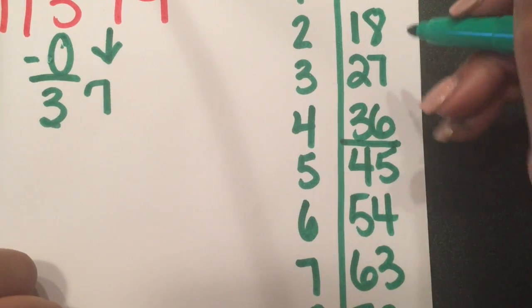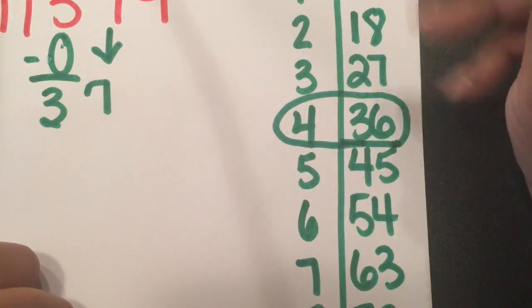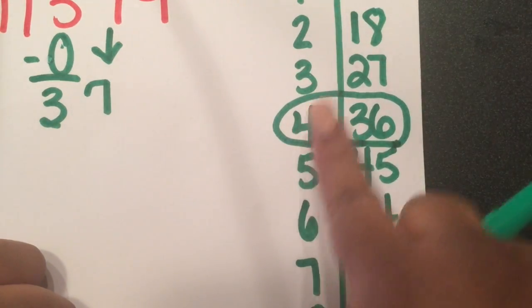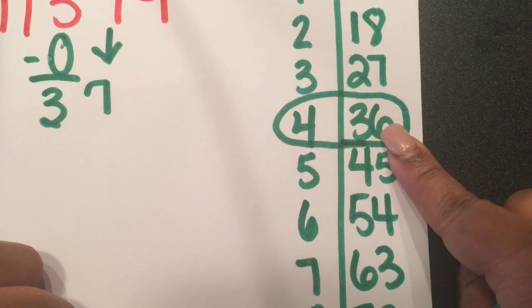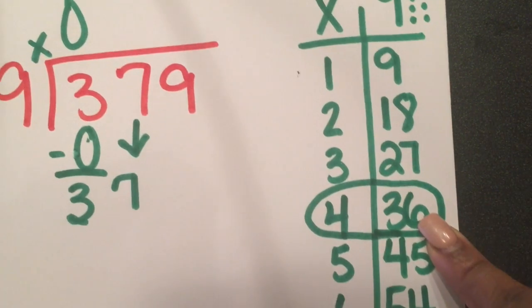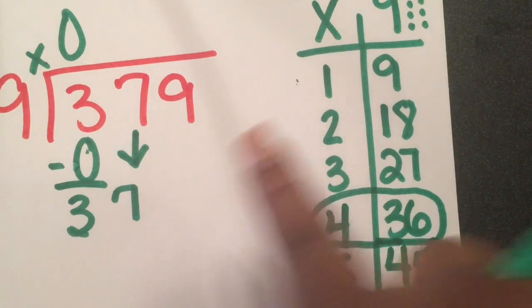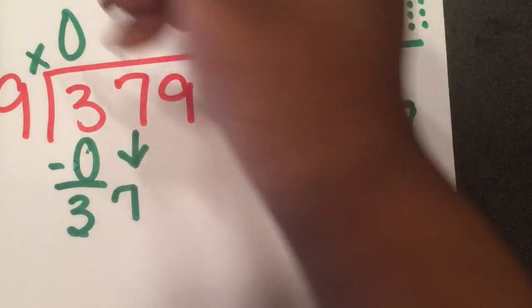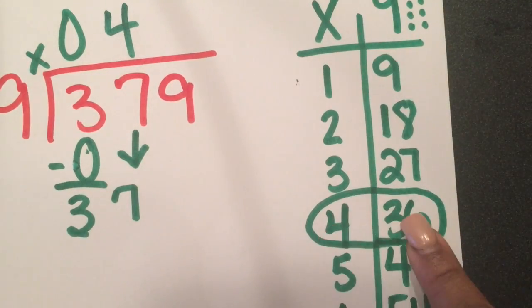I like to draw this line right here, and then I use that to draw my circle. So I'm going to use 9 times 4, because that equals 36. When they ask me how many times 9 can go into 37, I say 4. It goes in there 4 times because 9 times 4 is 36.